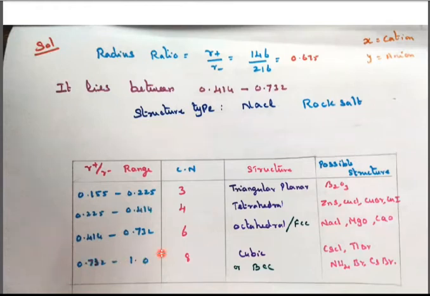The coordination number for 0.414 to 0.732 is 6, and for 0.732 to 1 the value is 8.